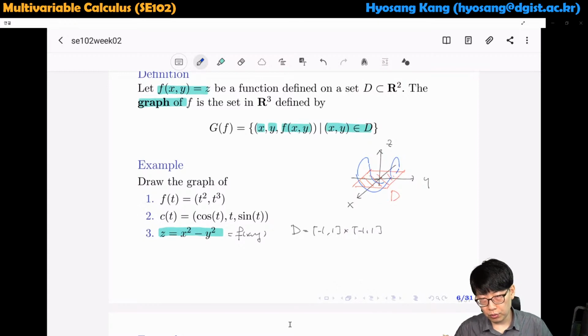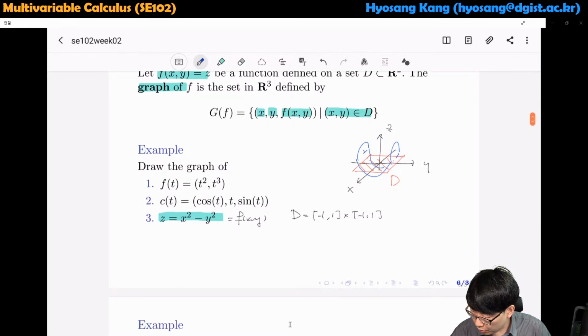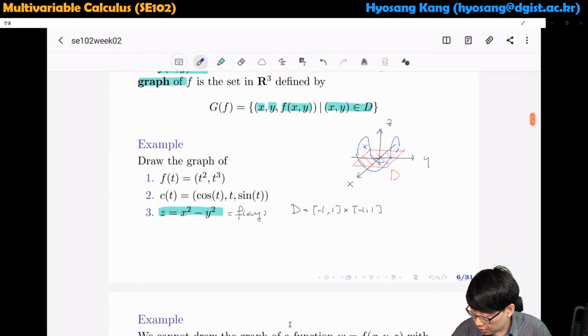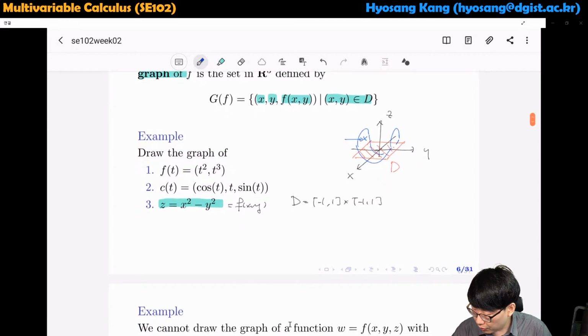I will explain what that means by using MATLAB. So let's say I'm taking a point in this set. It looks like a surface, and it's actually a surface. What I mean is this point has three coordinates, x and y and z.